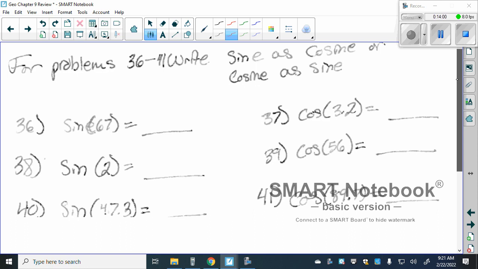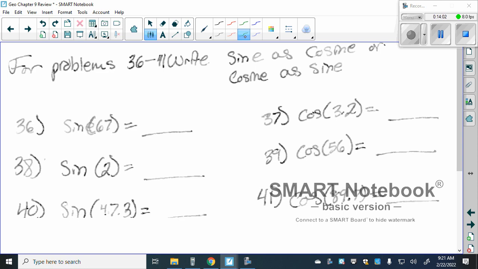36 through 41, we are not evaluating these. Because when we talk about evaluating, we're actually getting an answer. Like the last ones we did with tangent and sine, we evaluated, we got a number answer. Here, we're wanting to write sine as cosine or cosine as sine. So if it's written in sine, we're going to rewrite it as cosine.